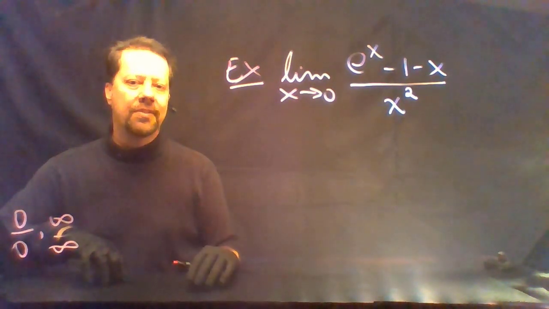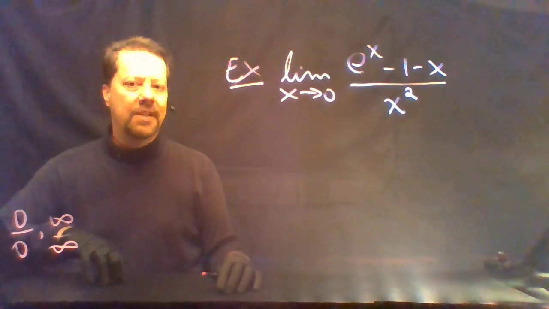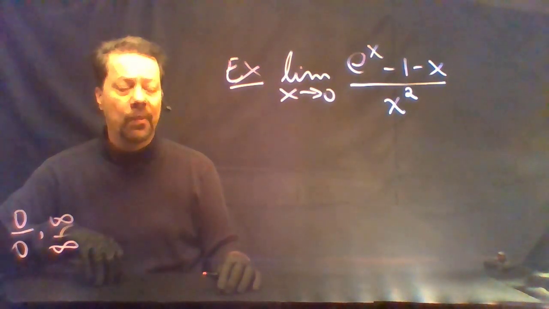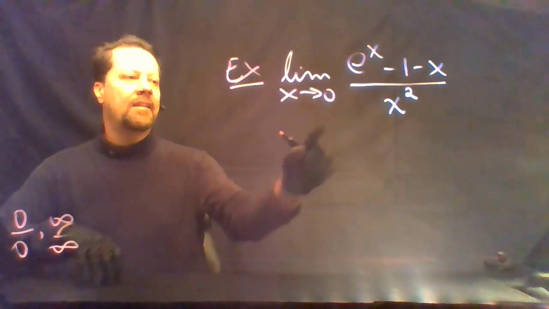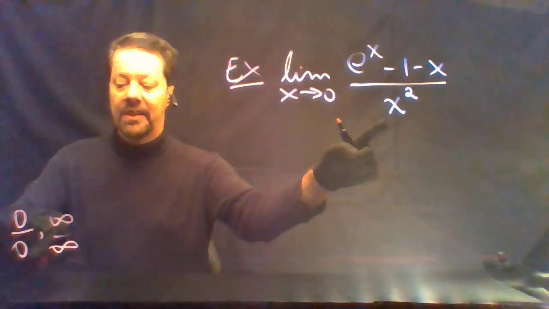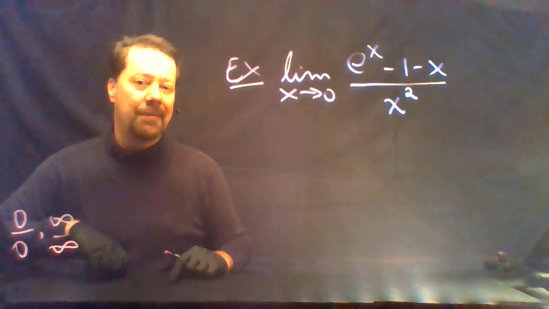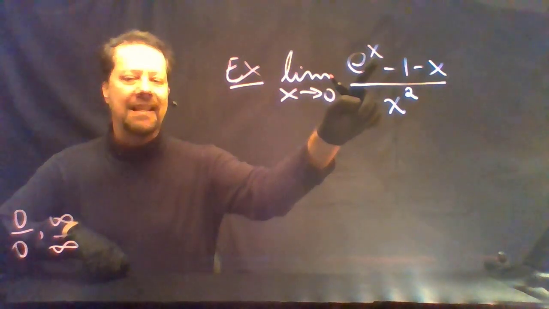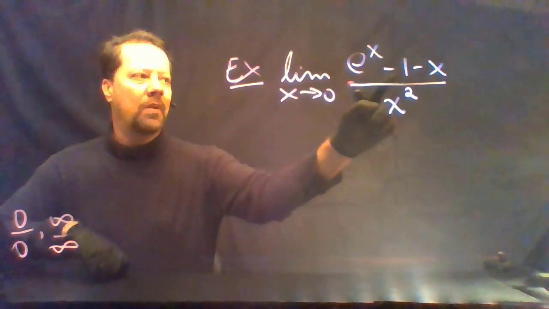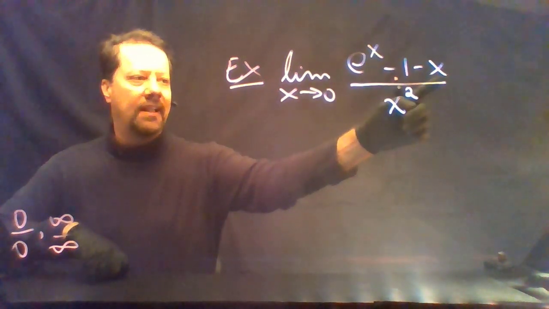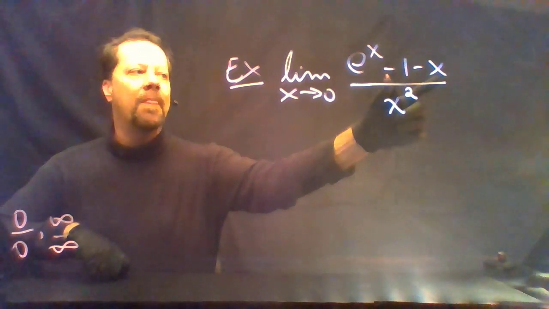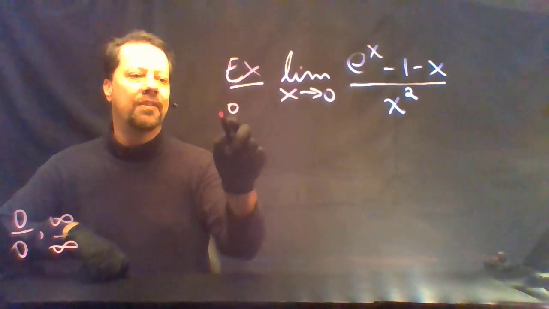Either of those two cases are fine. If it's not one of those cases, L'Hopital's rule doesn't work. If you plug 0 into the denominator, we clearly have 0 in the denominator. In the numerator, e to the 0 is 1. 1 minus 1 is 0. Again, we're plugging in x equals 0. This is a 0 over 0 case.